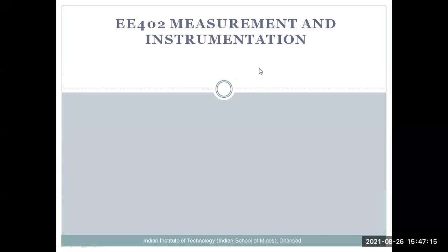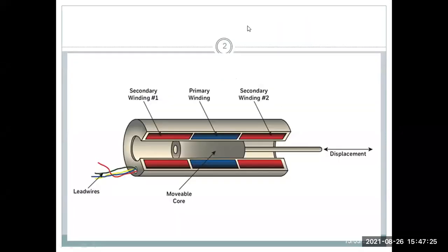So what is the transducer? First, there are two sections: one is the transducer, and another is the sensor. There are two simultaneous instruments, one is a sensor, and the second one is a transducer.